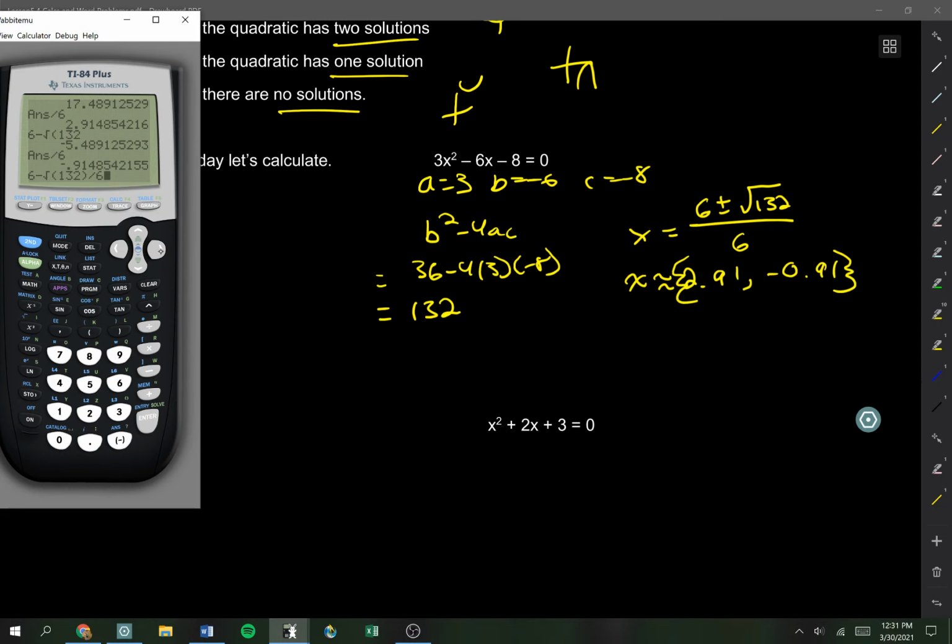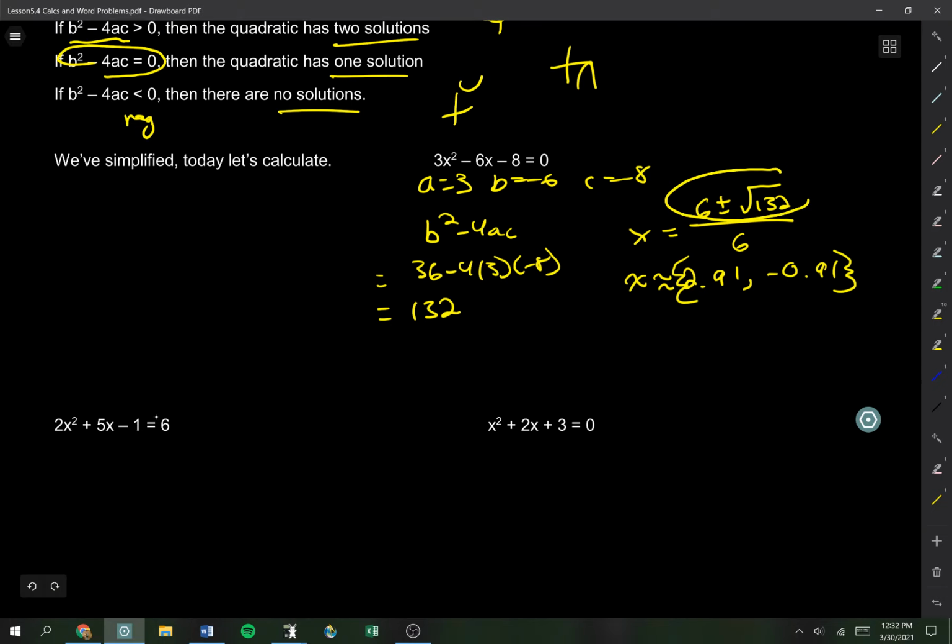The first thing it'll do is the square root of 132. The second thing it'll do is divide by 6. Then the last thing it'll do is 6 minus whatever that answer was. So I get something totally different and totally wrong. So the order of operations of the calculator matters. You want to calculate the top first, and then as a last step, divide by 6.